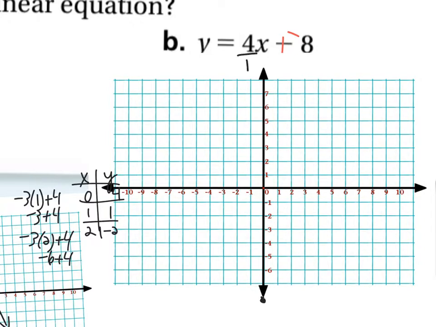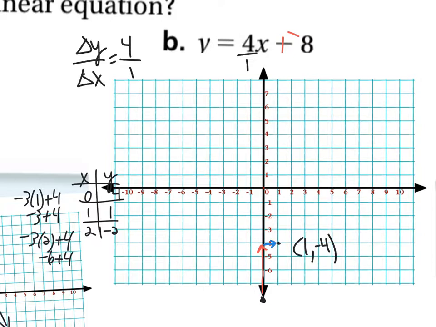Slope is 4, which is like 4 over 1. So if you wanted to, you could go from that point, you could go up 4 and over 1. And that would take us to this point, (1, -4).